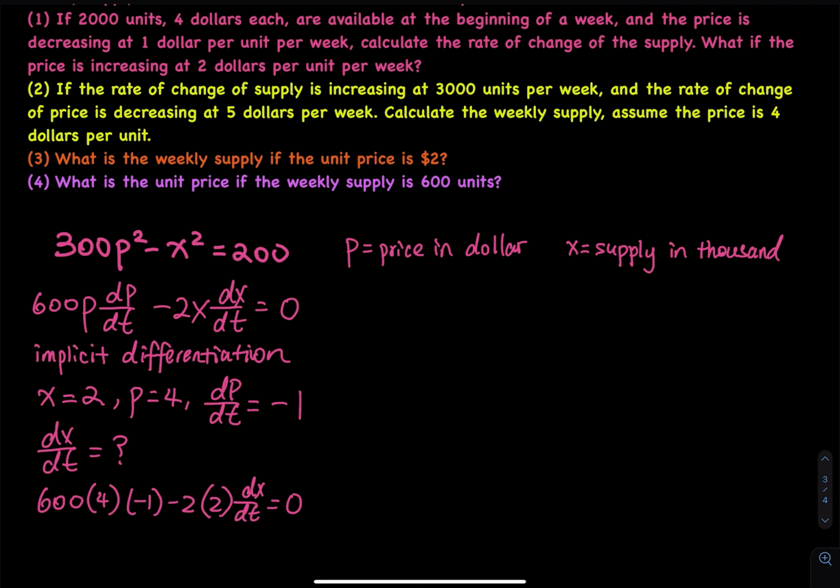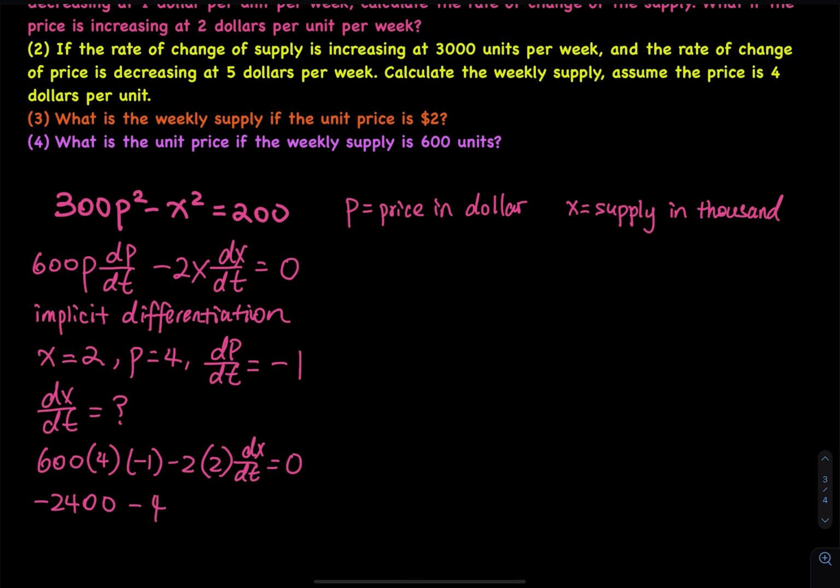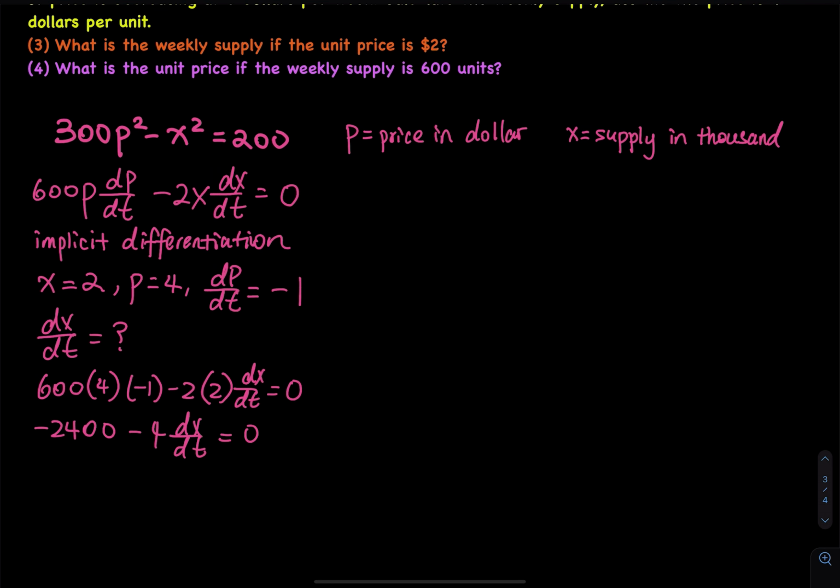The multiplication gives me negative 2,400, and then minus 4 times the unknown. x is already in thousands, so for the 2 we will just use a 2 instead of 2,000. So this is a 4 times dx/dt, equals 0.